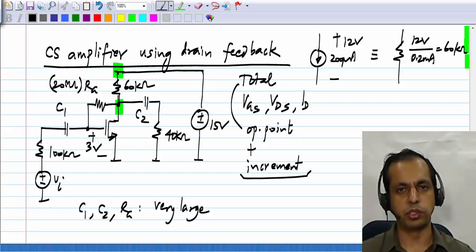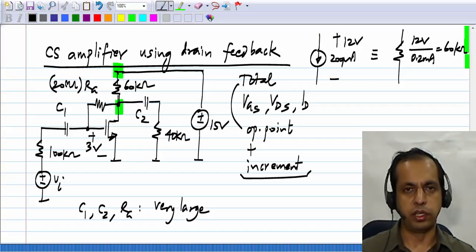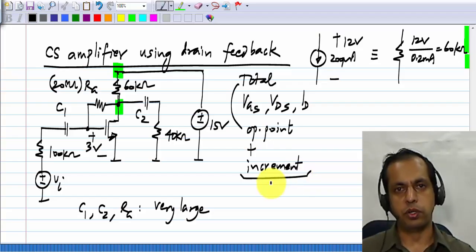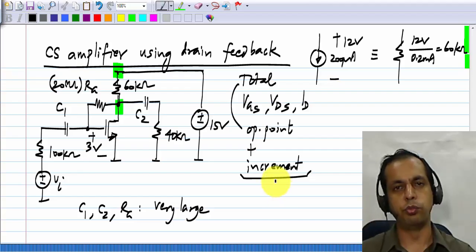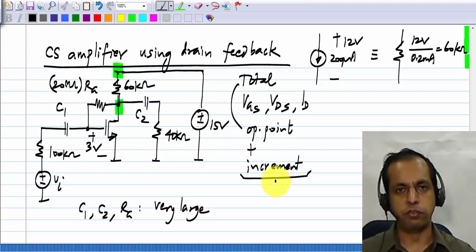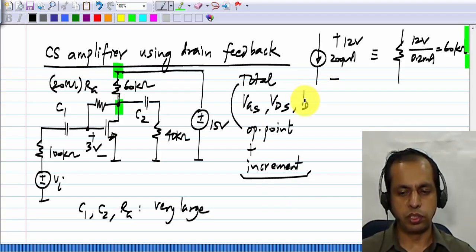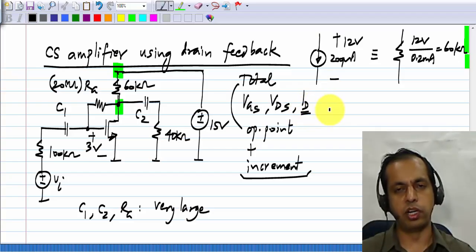So that is the approximate part, but that's okay. And then you apply the conditions to prevent the transistor from going into triode region and to prevent it from going into cutoff. And for cutoff, we always use the criterion based on drain current as opposed to the gate source voltage.